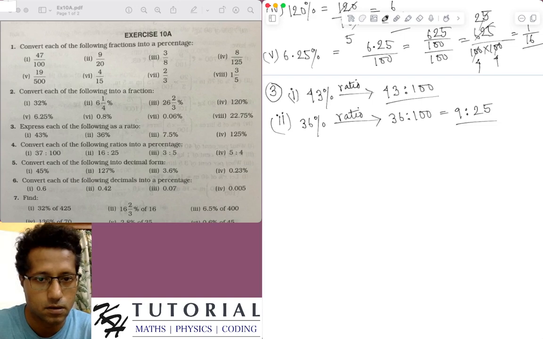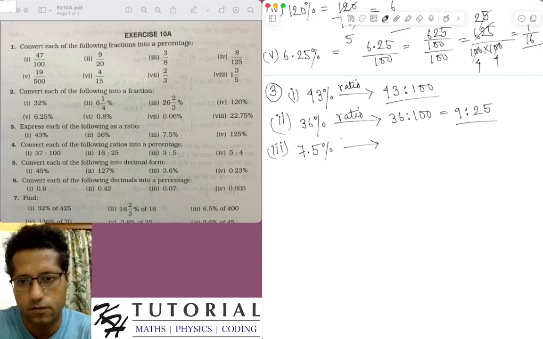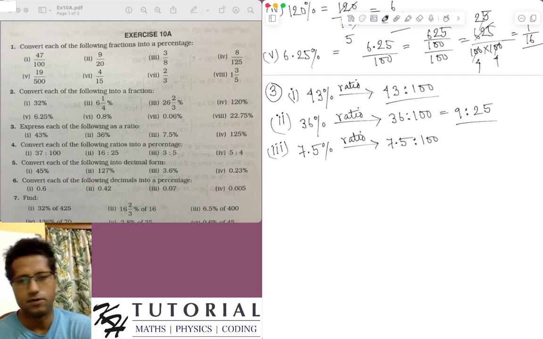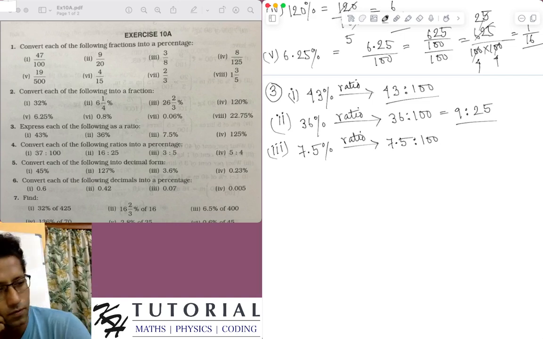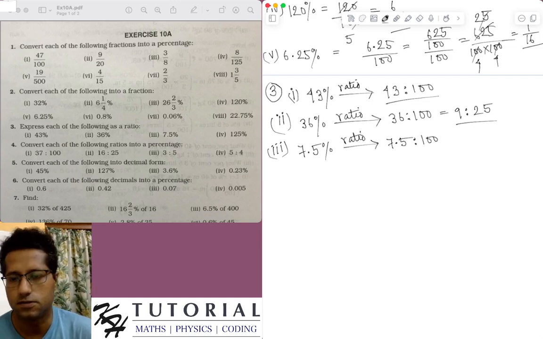Okay, let's do part 3, 7.5 percentage, and the ratio will be nothing but 7.5 is to 100. Now, when you have this kind of ratio where any term is a decimal number, it's always better to convert all the terms to integers by multiplying both the terms with the same non-zero quantity.